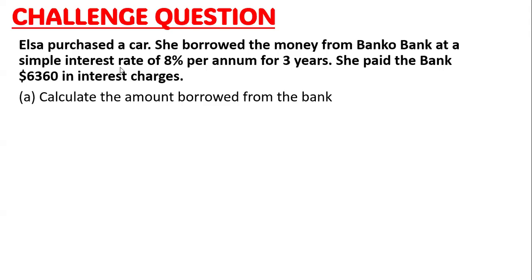That's what they teach me, sir. What school do you attend? St. Anne's. Okay. Anyone else? 6,360 over 0.24 equals 26,500. That's all.